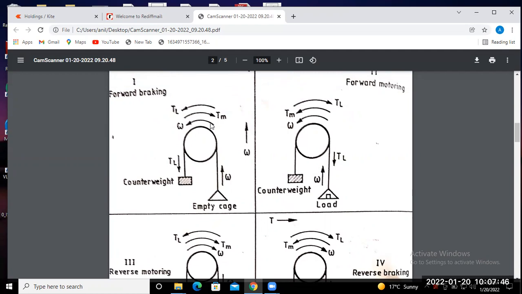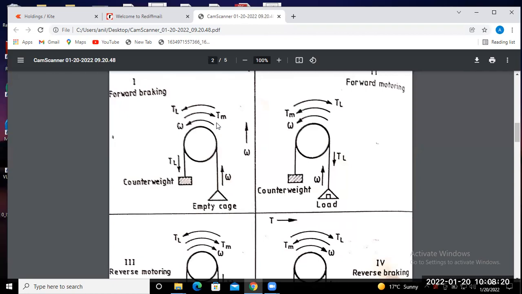That means the speed and electromagnetic torque are in opposite directions. So this quadrant is known as the forward braking mode. So when the speed is positive and the electromagnetic torque acts in the opposite direction, that is known as the forward braking mode.